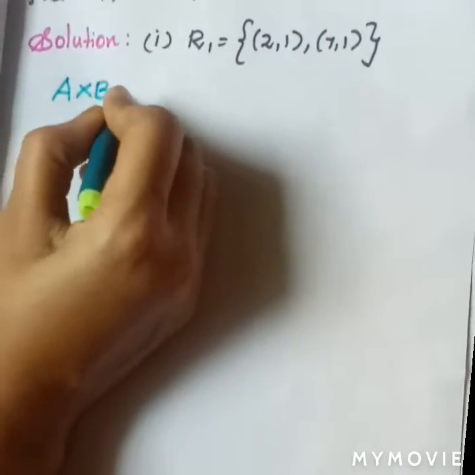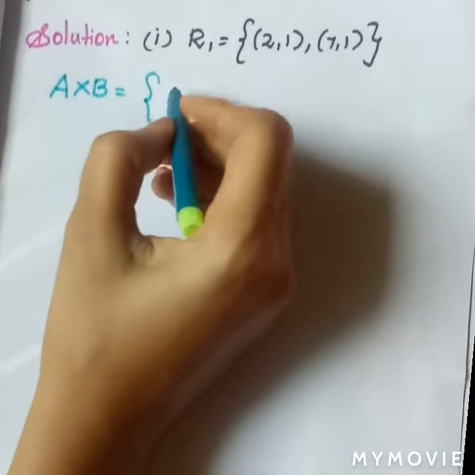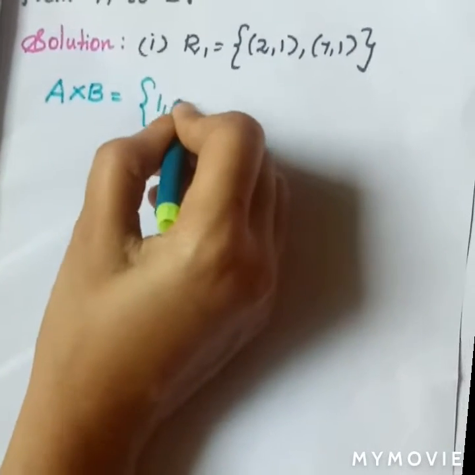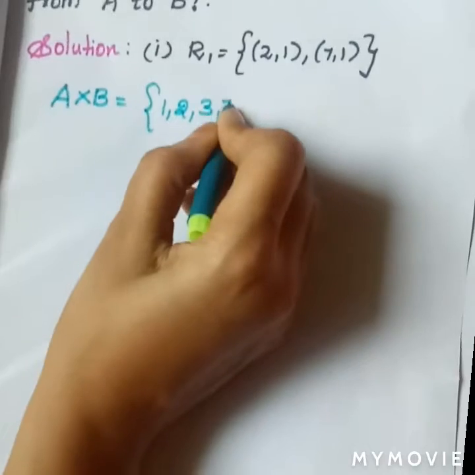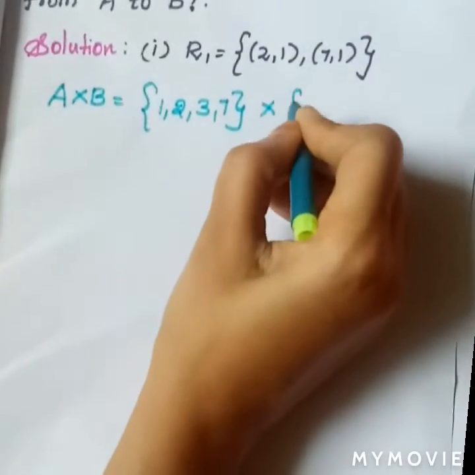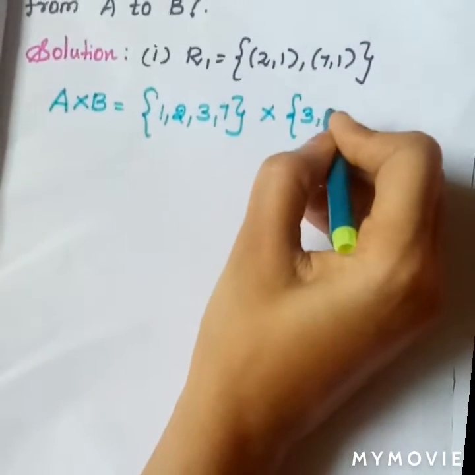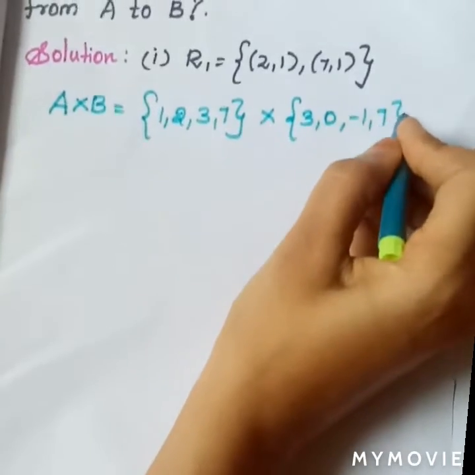Tell me what is the value of A cross B? A is 1, 2, 3, 7, cross B, 3, 0, minus 1, 7.